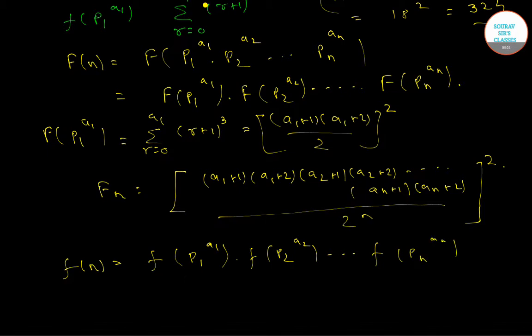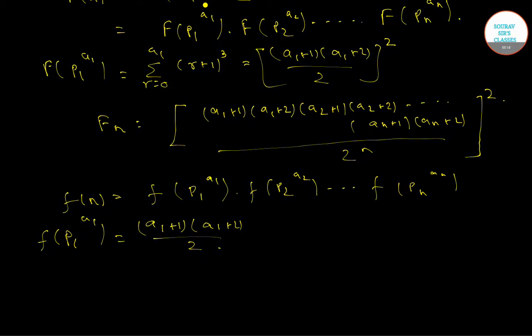Now g of p1 raised to the power a1 is equal to (a1 plus 1) into (a1 plus 2) divided by 2.